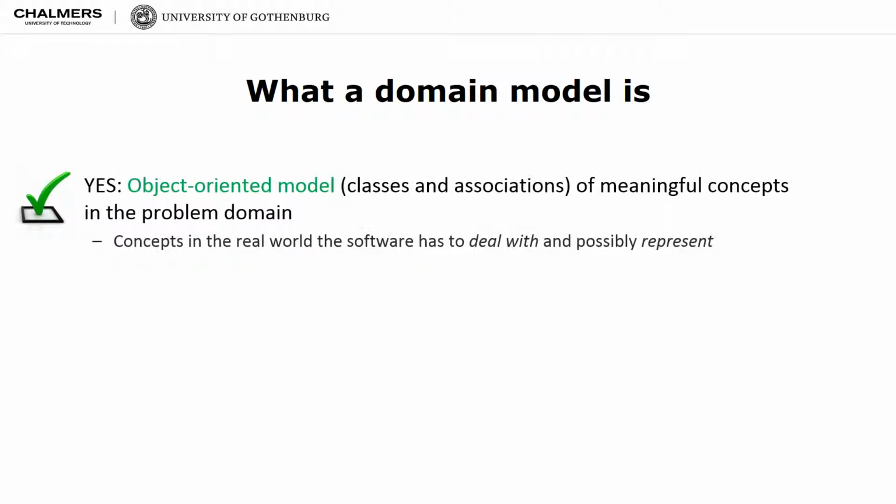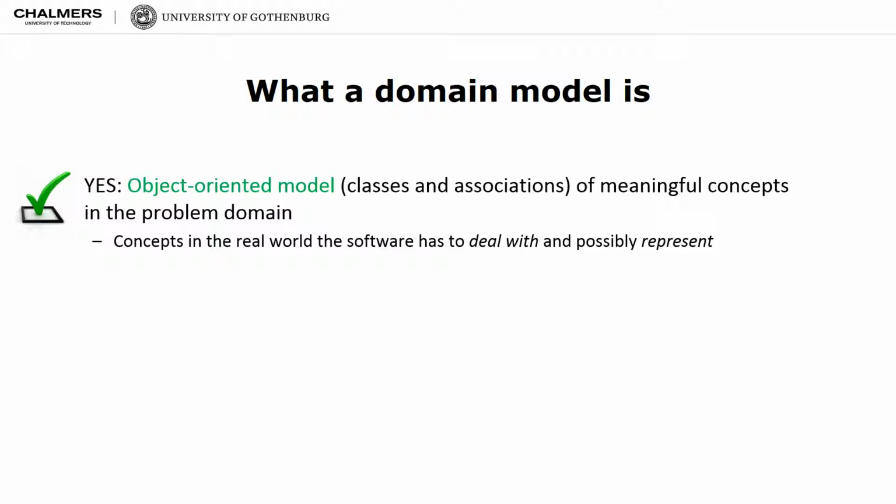So in practice, a domain model is an object-oriented model. For instance, in UML, that would be a class diagram representing classes and associations. And typically, this model will contain concepts in the problem domain. What is very important to keep in mind is that these concepts belong to the real world, and they represent concepts, or also physical things, that the software system has to deal with.